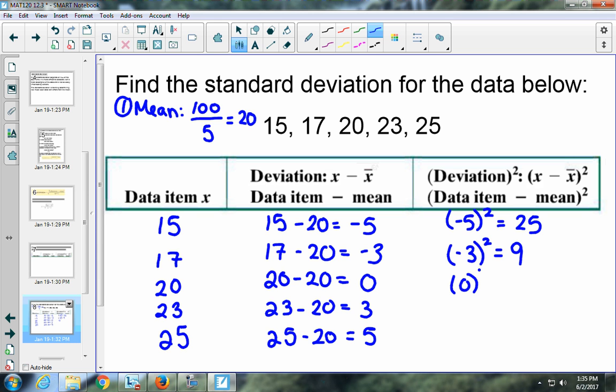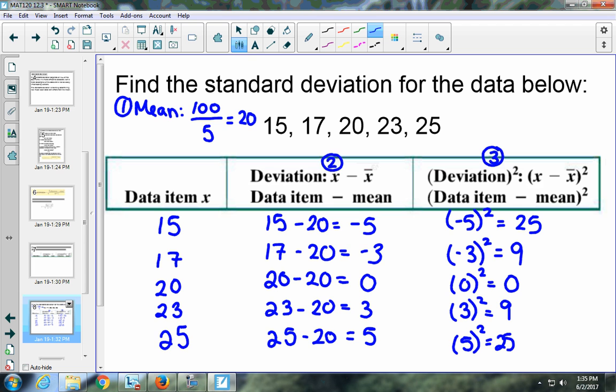Then I have 0 squared, which gives me 0. 3 squared gives me 9. And 5 squared gives me 25. So we have gotten through the first 3 steps. We found the mean, we found each deviation, we squared those deviations.